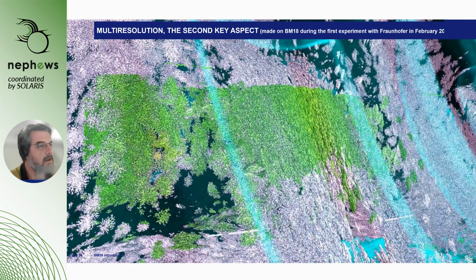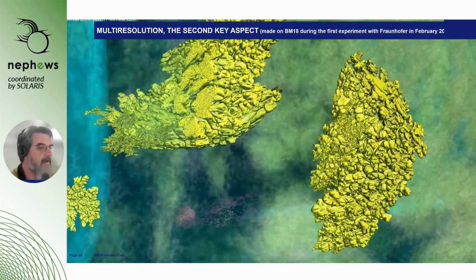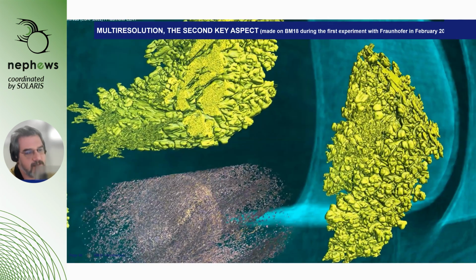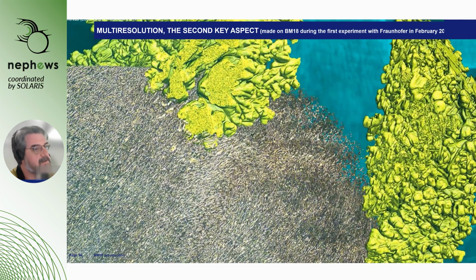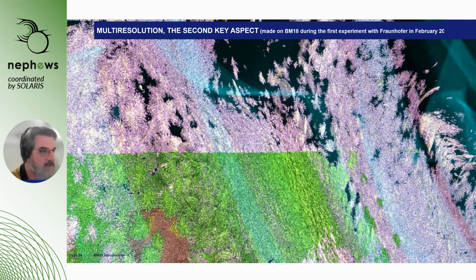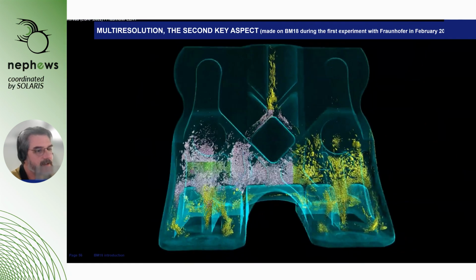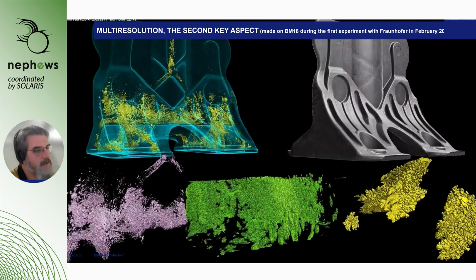And on this one, we went down to 0.65 microns. That is the highest resolution we can do. So it's a pixel size, it's not really the resolution. And at this high resolution, you can see even the glass fibers in the resin composite, in addition to the defects. So all that is the second reason why we made BM18. It's a very old example.